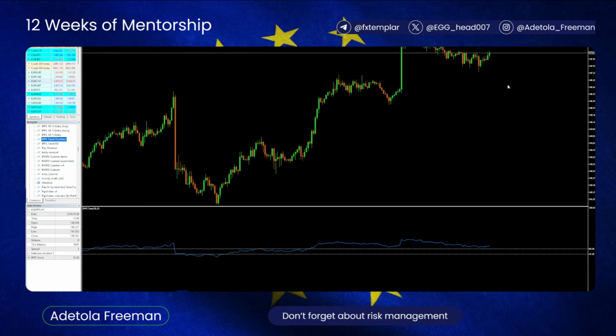And then when I zoom in, you'll see that according to the trend oscillator, we are in a bullish trend. We're in an uptrend. And what does that tell me? That tells me that I can start to look for buy entries. So generally, I want to watch what is going to happen when the trend oscillator gets into the flat market.